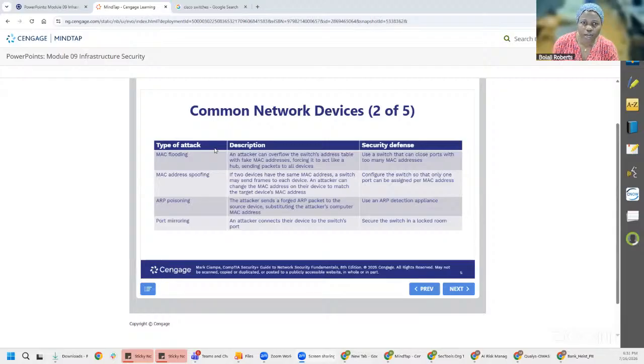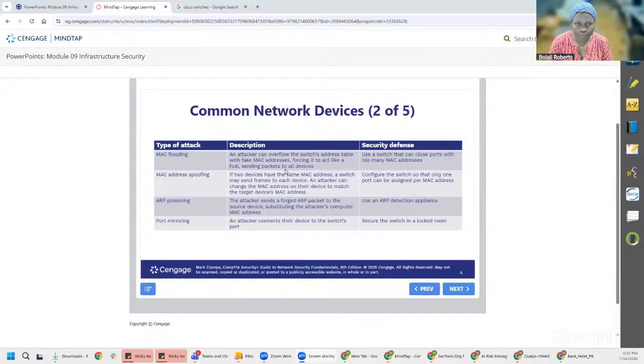Okay. Some of the common network related attacks, we talked about some of them yesterday, MAC address flooding. This is a situation where an attacker overflows the switch's address table with fake MAC addresses. And so it forces it to act like a hub, not intelligently sending the data to the right destination, but just forwarding it to everybody.